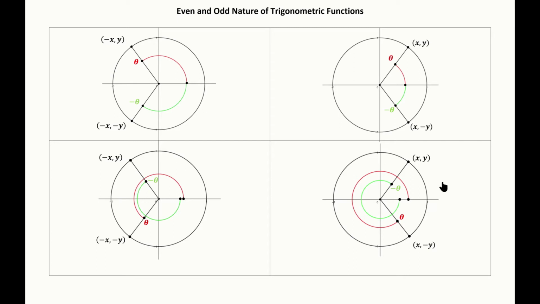So we can see that the sine of negative theta is always going to be the opposite of the sine of theta. So we conclude that the sine function is an odd function. Make sure you look at these pictures closely and understand them to fully grasp what we just discussed before you continue.